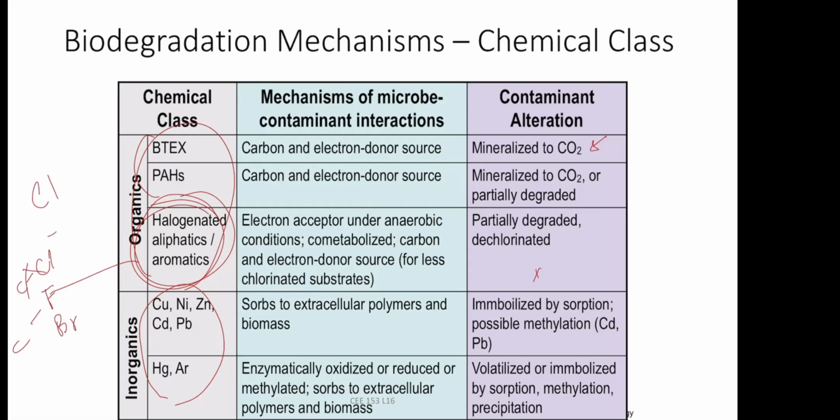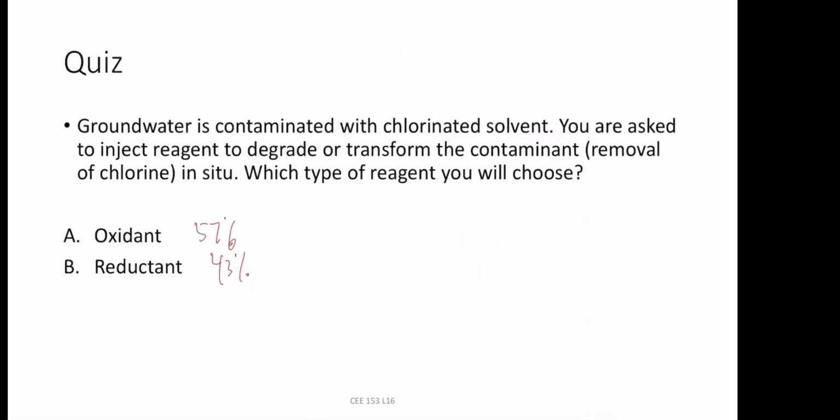So they need electrons. The electron provider is the reductant. That's why you need a reduction process. So most of the time, you need a reductant to remove chlorine to chlorine 0.